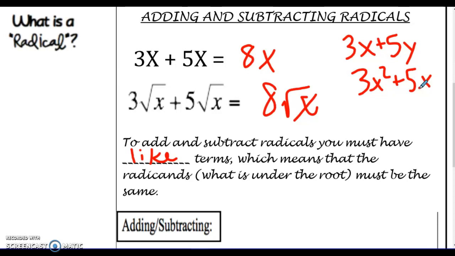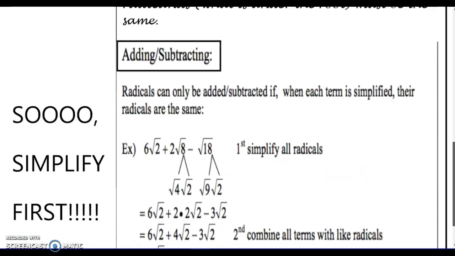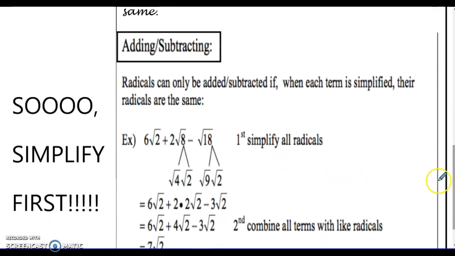So when you have variables, they have to be exactly the same to be able to add them or subtract them. Well, that is the same when you're adding radicals. So they can only be added and subtracted if, when each term is simplified, their radicals are the same. So that just means we're going to have to simplify first.